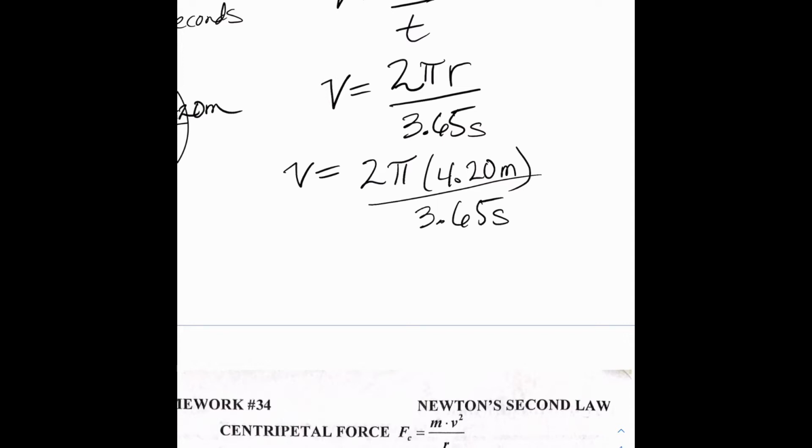We're going to divide that by 3.65, which gives us about 7.23 meters per second. And if we double it and then add some, maybe 18 miles an hour, 19 miles an hour, somewhere around there is how fast this room is spinning.